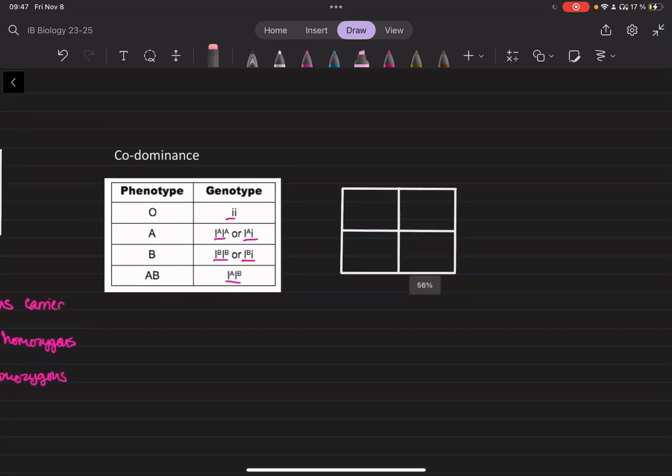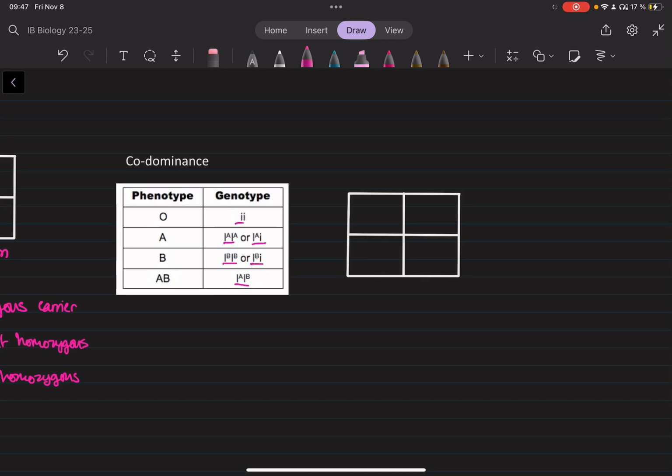So codominance is essentially when you have two genes that are both expressed at the same time. So for example, not just blood type, which is the one we have to learn for the IB, but also texture of hair.